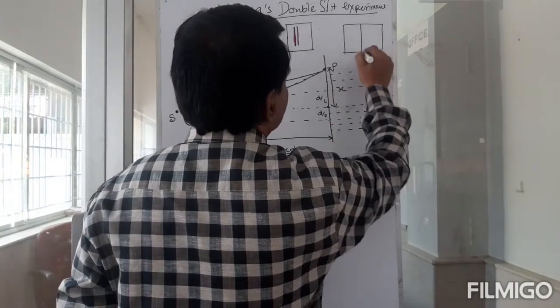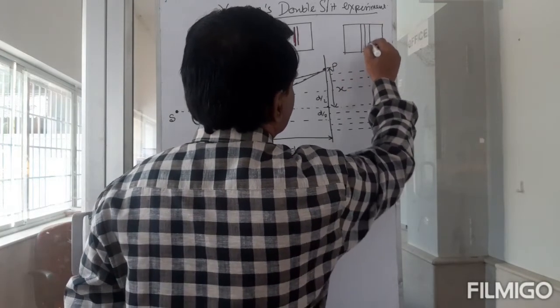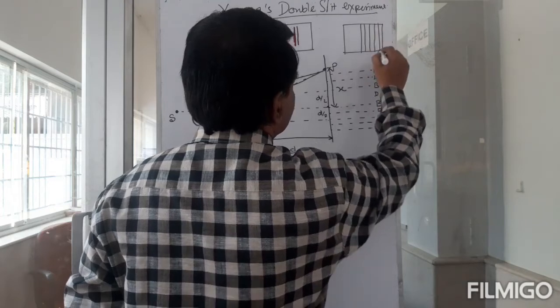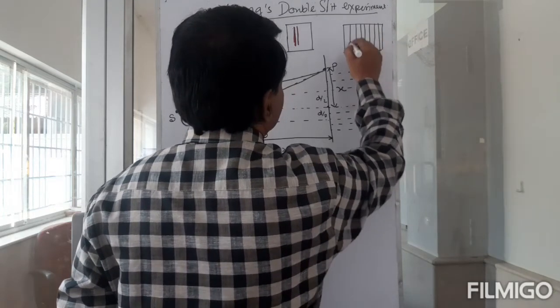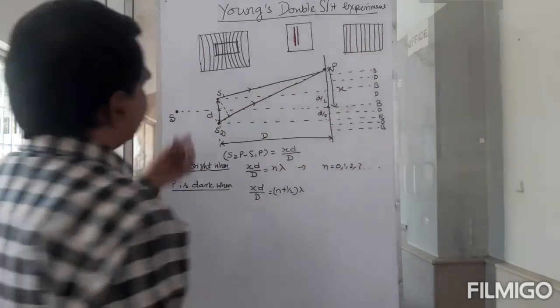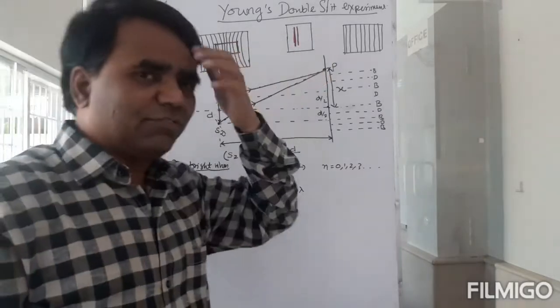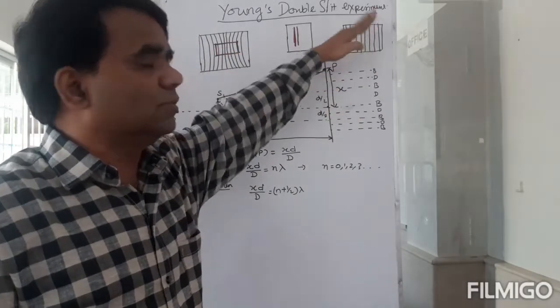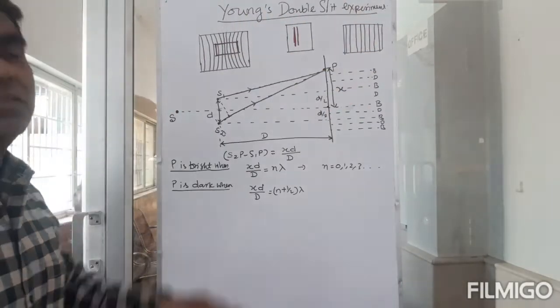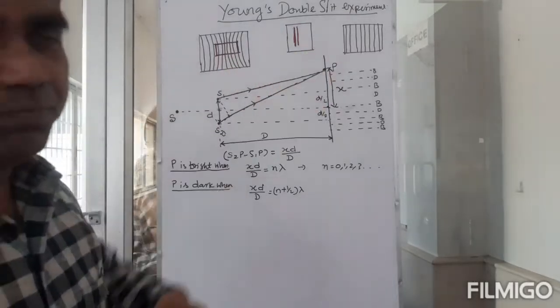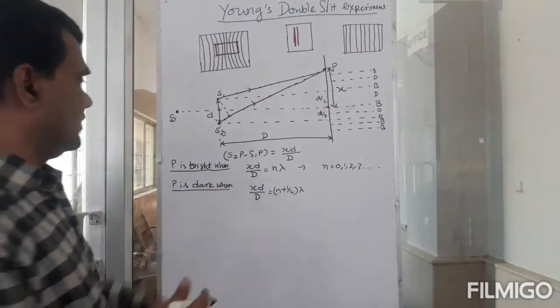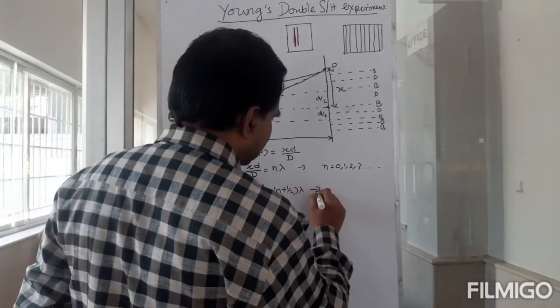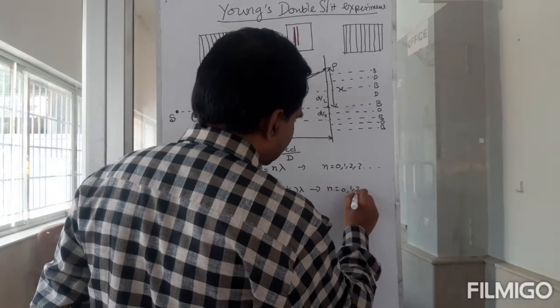You will find dark, bright, dark, bright, dark, bright. It's not exactly like this, but for all practical purposes, you can say that you get dark, bright, dark, straight lines on the wall. Okay. Again, this dark is for n equal to 0, 1, 2, 3.